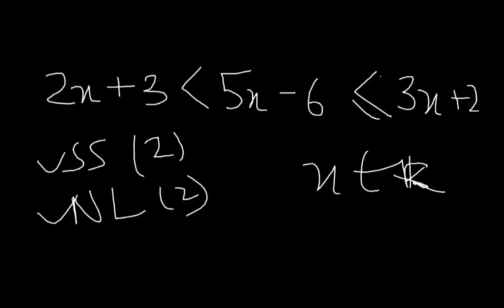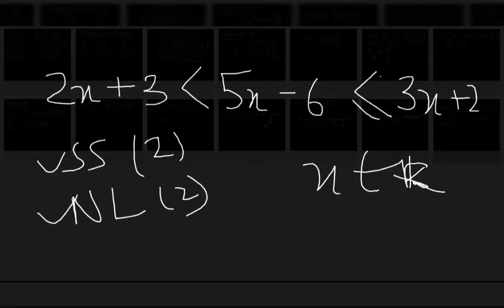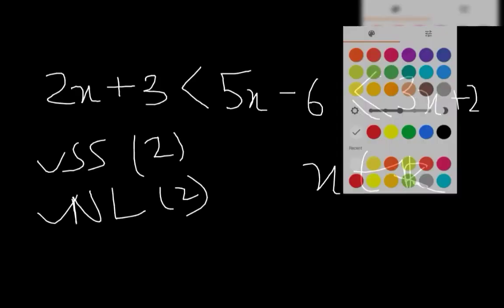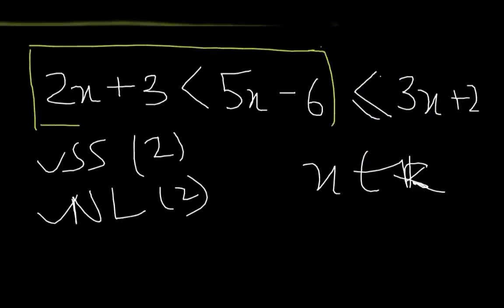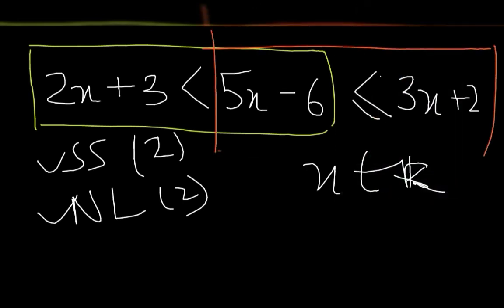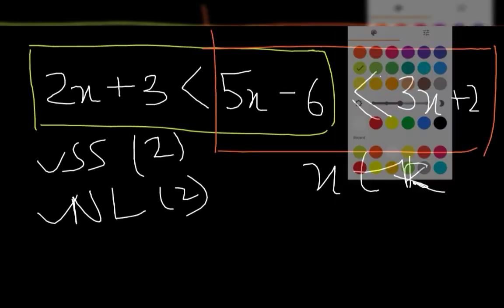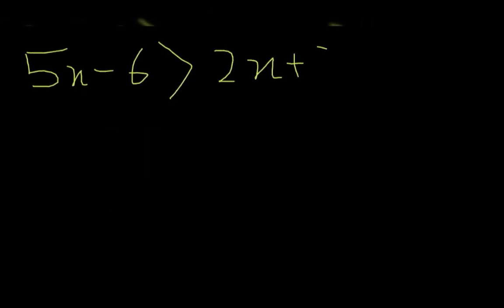Remember that. First you have to break this, like truncate it. First you'll solve this part, then you will do that part. So the first part: 5x minus 6 greater than 2x plus 3. So it will be 3x, I'm step jumping here, please don't step jump in the exam, 9 greater than 3x... so x is greater than 3.